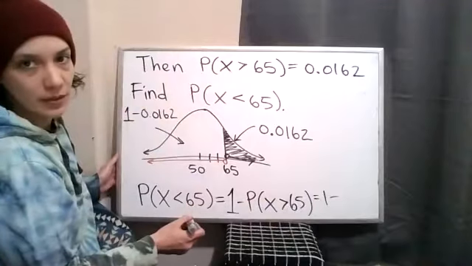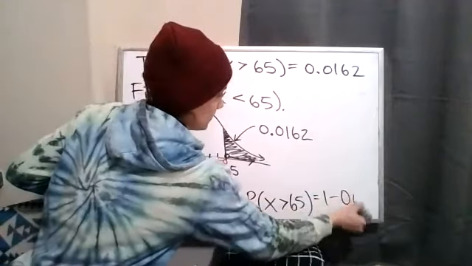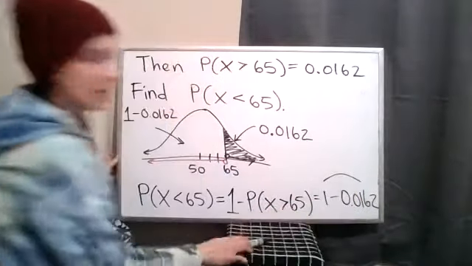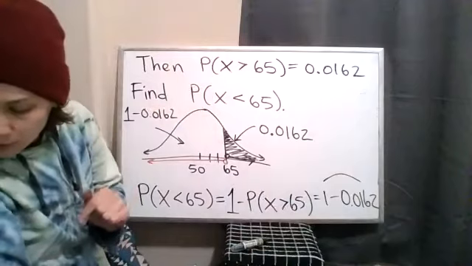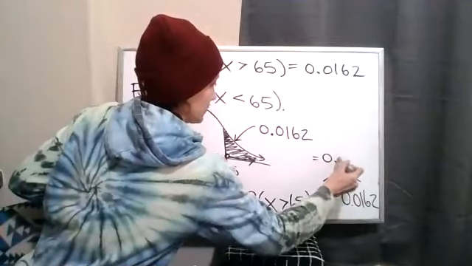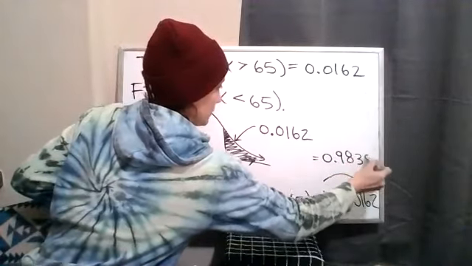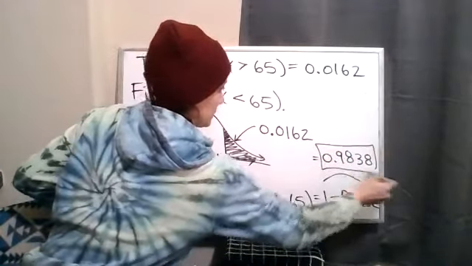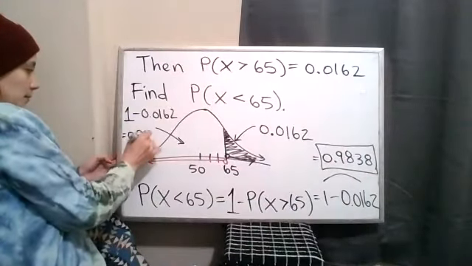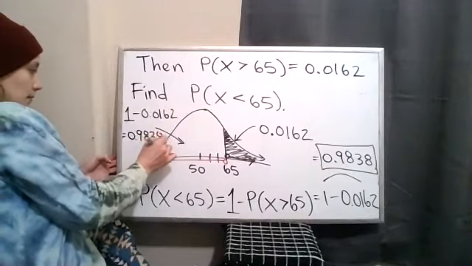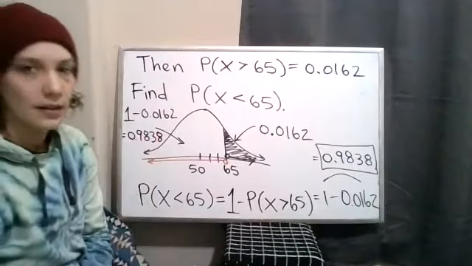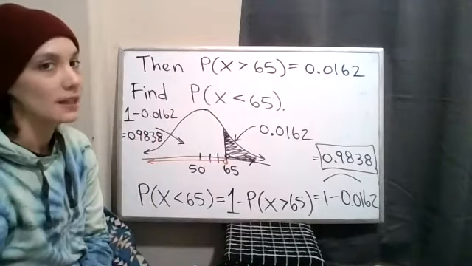One minus 0.0162, and that is 0.9838. Okay. Last example.